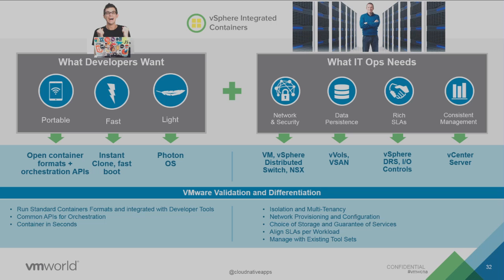But on the other side of things, it's not a free-for-all in the data center. So there needs to be some control, and the vSphere admin really wants some sort of policy and control. We want to put a quota in place. We want these containers to be placed in a certain cluster or data center. We also want to apply some sort of network policy and control or firewall around them.